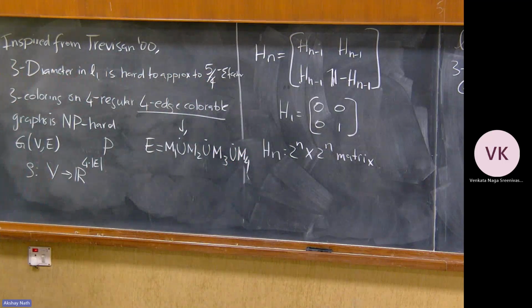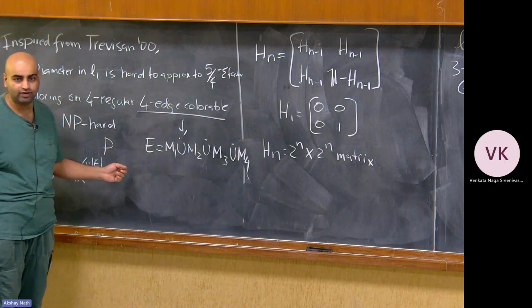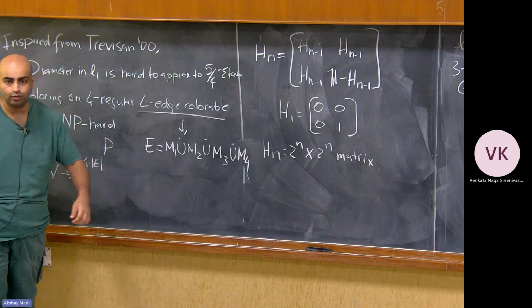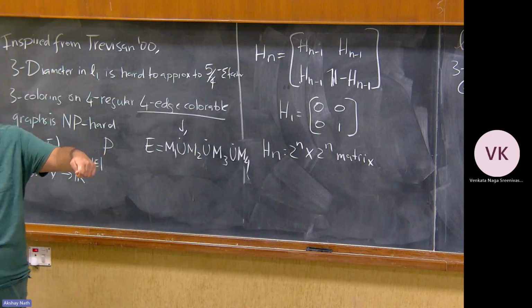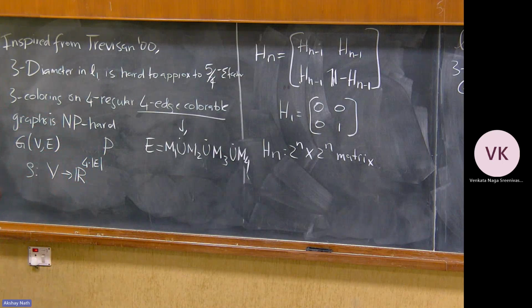So you have 4 matchings whose union is the edge set. What we will really do is, for every vertex and every matching, define its embedding. And then the final embedding of that vertex is just the concatenation of the 4 embeddings that we have. So it will become 4 times its length.